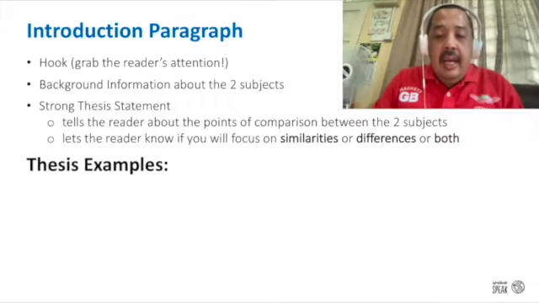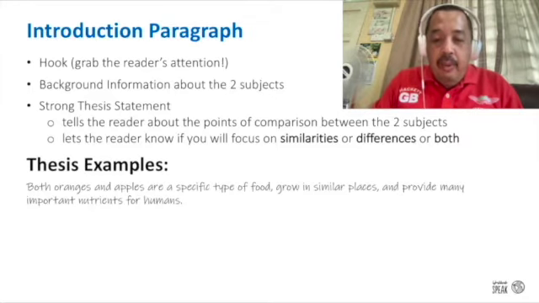Let's take a moment to look at what a strong thesis would look like for a comparison and contrast essay point by point method. I have done an example of a thesis for similarities, differences, and both, to give you a better idea.